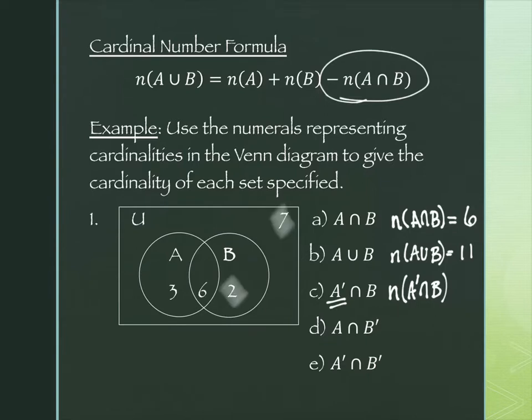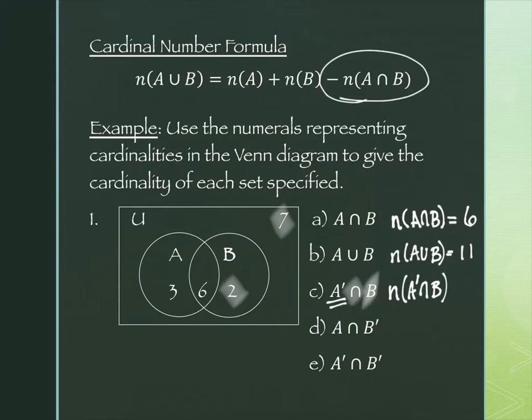These are the items that are not in A. Correct? And this says I want to intersect it with the items that are in B. Which one would those be? Is it 2 and 7, or is it one or just the other?